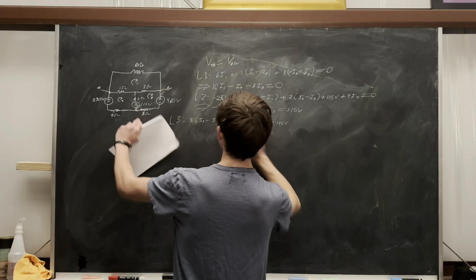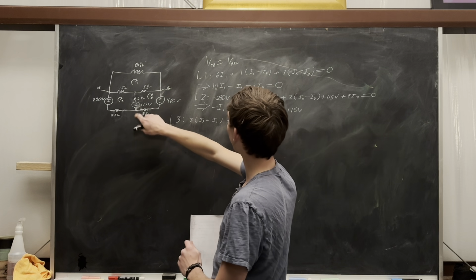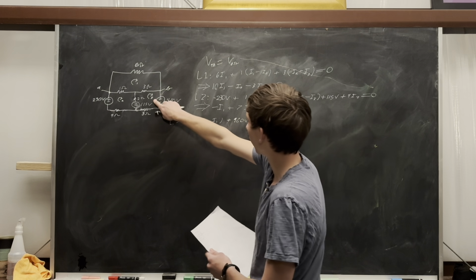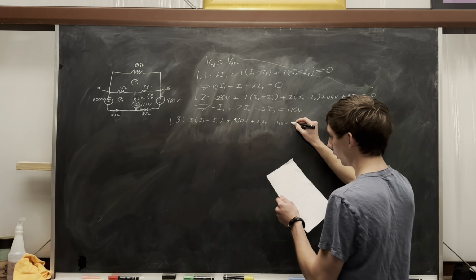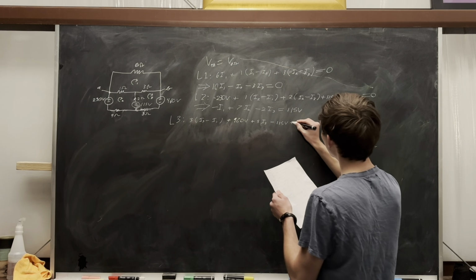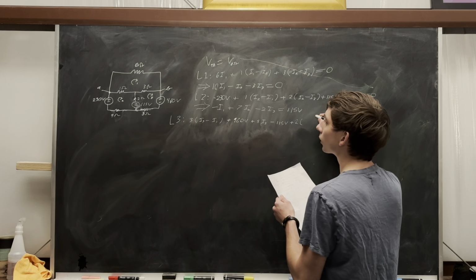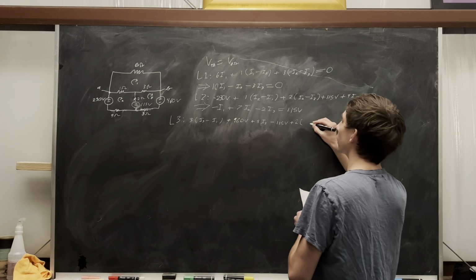It's minus in this one because the current is going the other way and we're looking at it from I3's perspective. Minus 115 plus 2 times I3 minus I2.